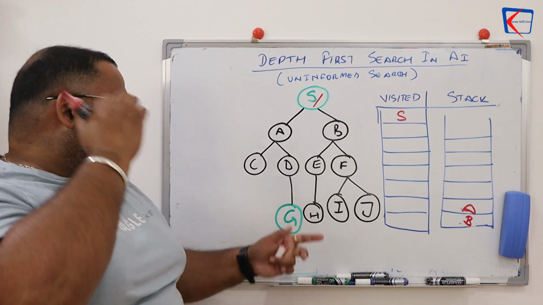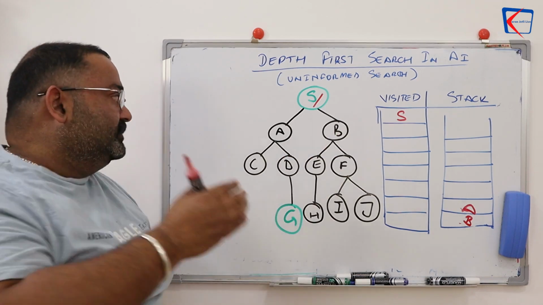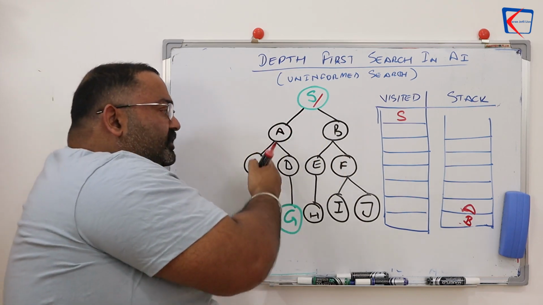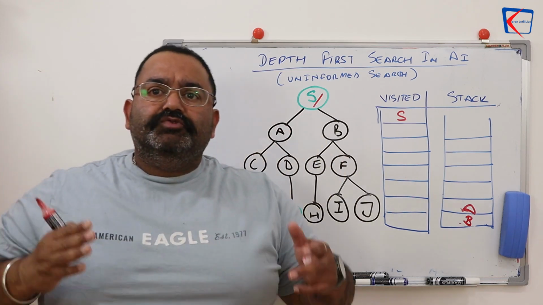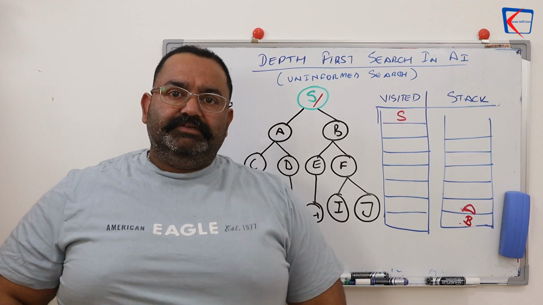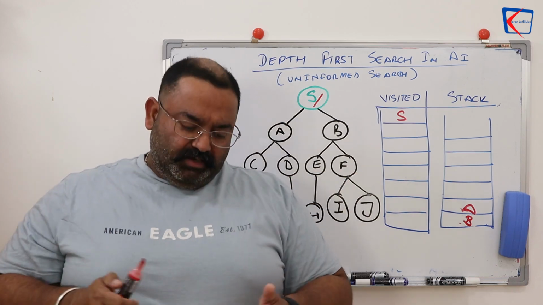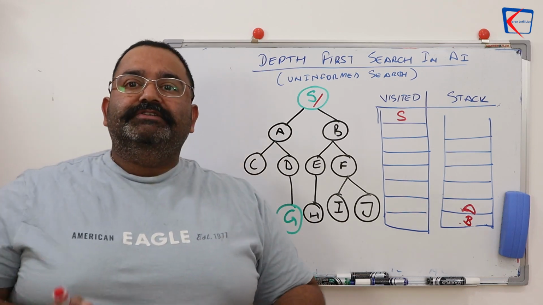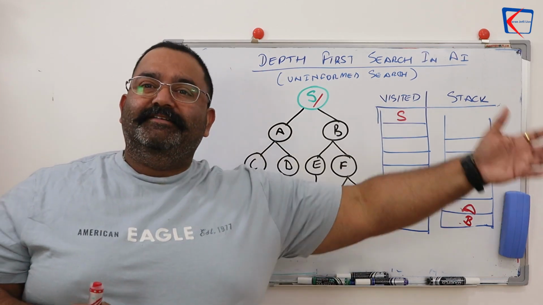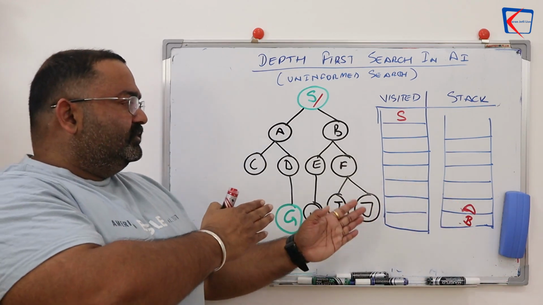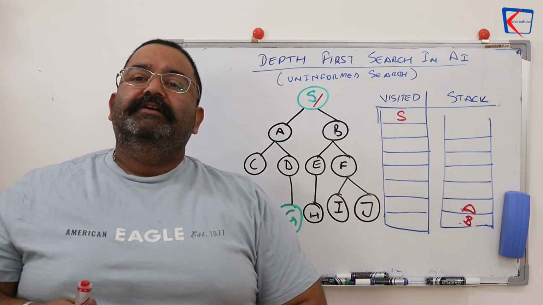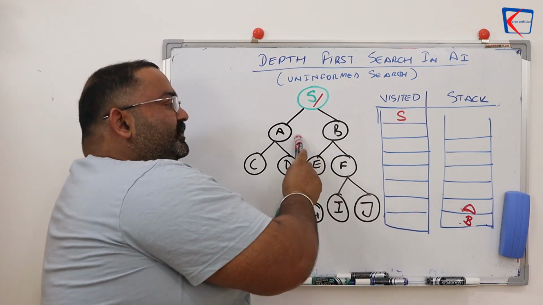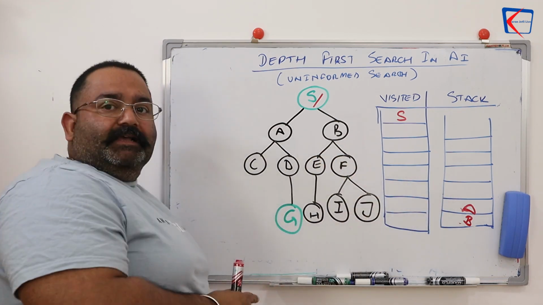If I go A first, B later, then first we will explore this depth, else we will explore the other depth. So it does not matter. But normally if you are a data structure student, we know it is always left, root and right, so better we go with this. We will go on the left depth first. So what I do is I push B to the stack, then I push A to the stack.